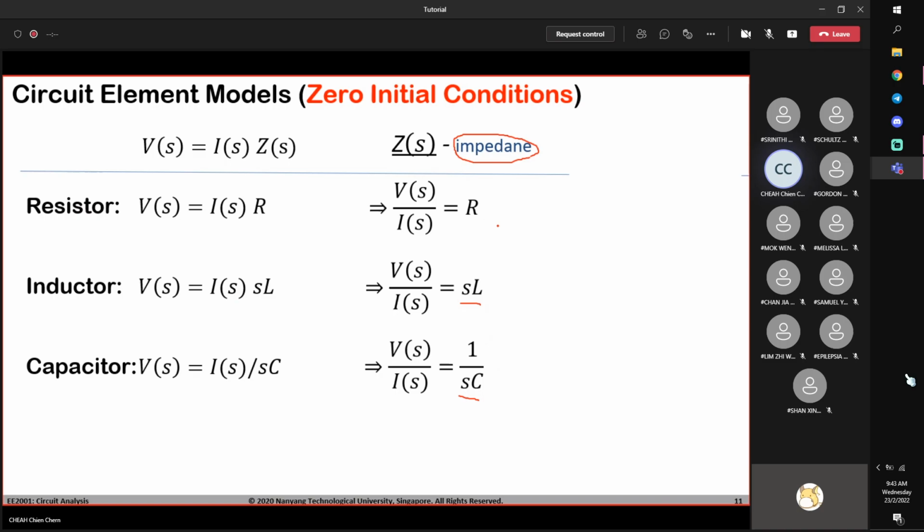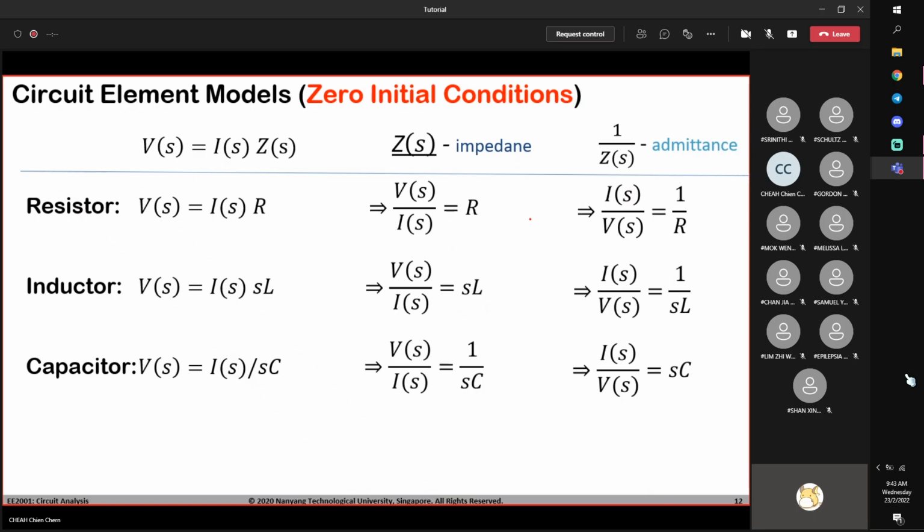When you see the word impedance, it means that you include your energy storage elements in addition to the resistors. Now remember that for resistors, you have something called conductance, 1 over R. Similarly for inductors, you have 1 over sL.